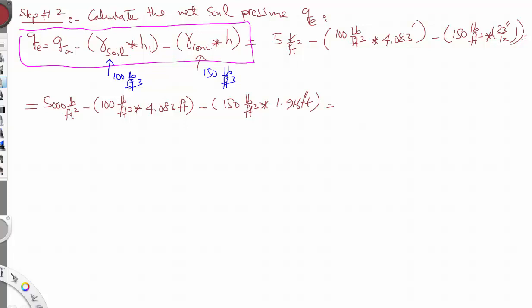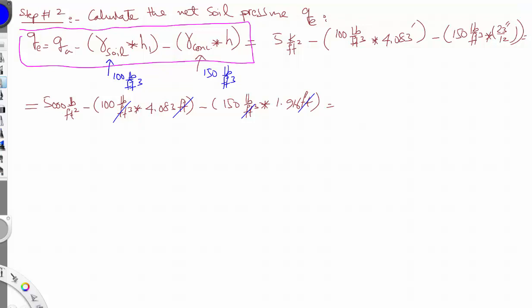If you do the cancellation of units, foot and foot will be cancelled, foot and foot will be cancelled, so we get pound per square foot, so the units are consistent in this case.